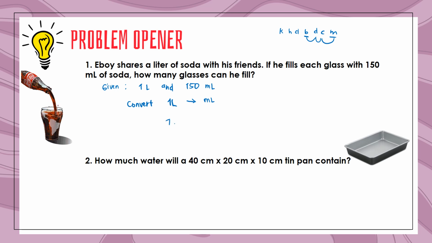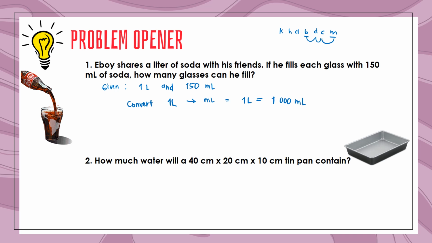And then move your decimal point 3 places to the right. 1, 2, 3. Just fill up this with zeros. Your final answer will be 1,000. Okay, let's write it here. 1 liter is equal to 1,000 milliliters.